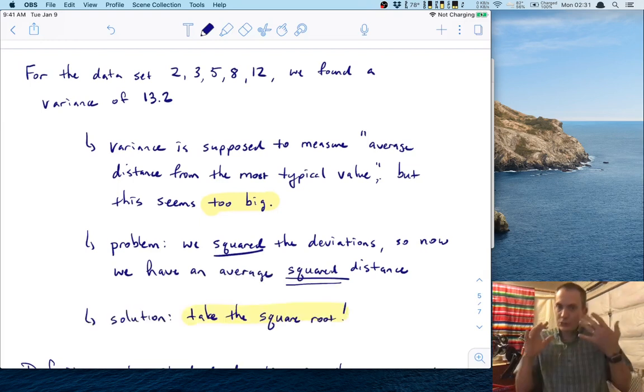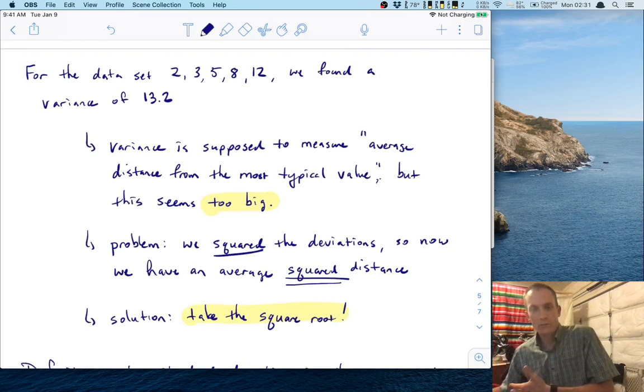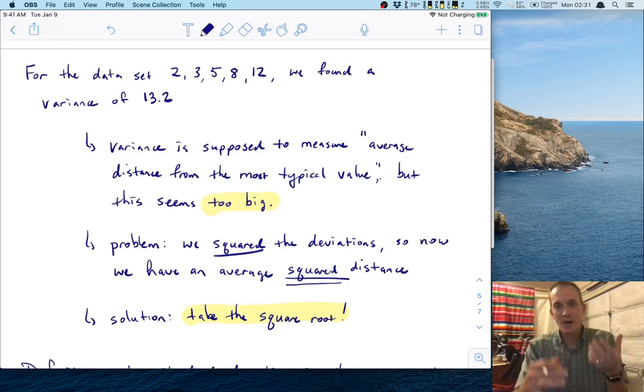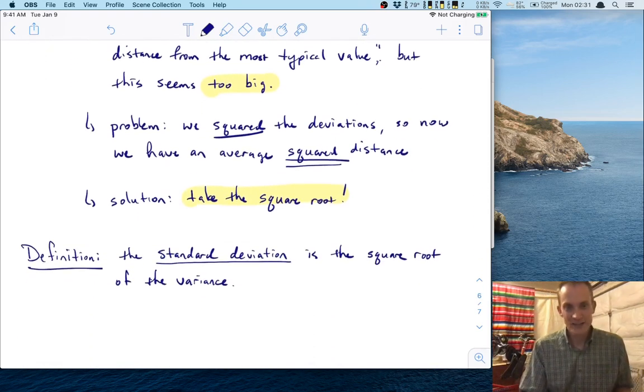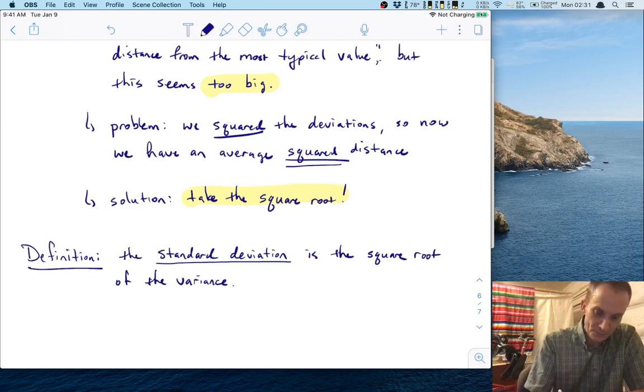So the solution here is to get out of that scale and undo the squaring. How do you undo a squaring? Well, you take a square root. And that's what gives us the final definition for today, which is something we're going to call the standard deviation. And the standard deviation is nothing more than the square root of the variance.